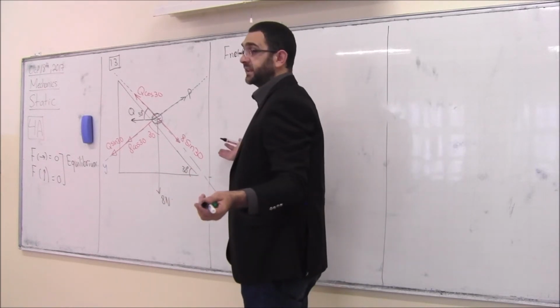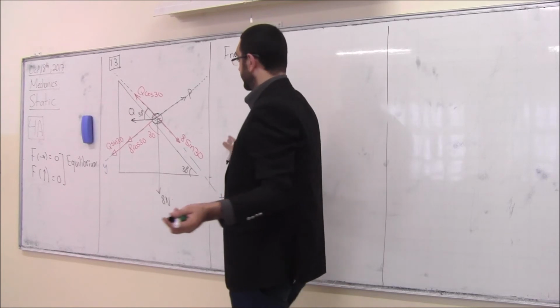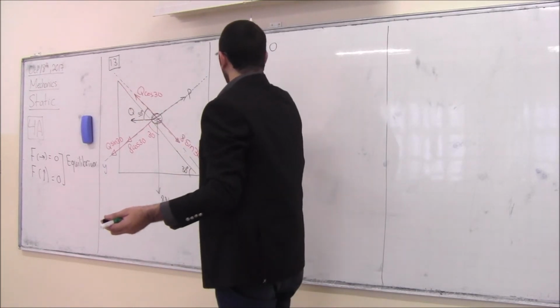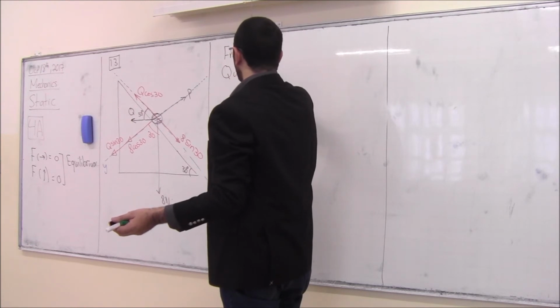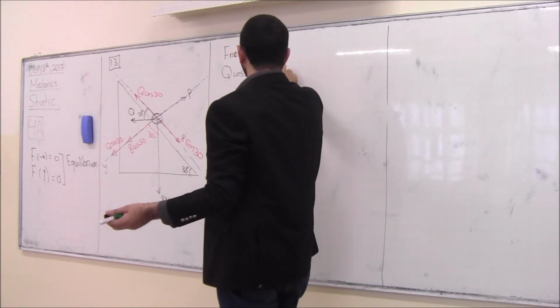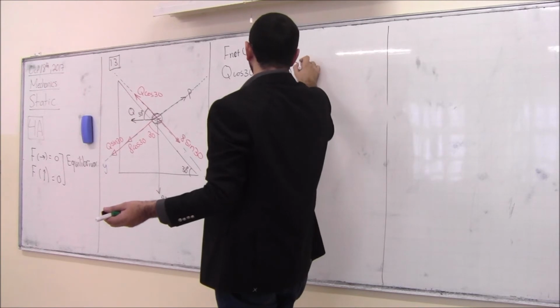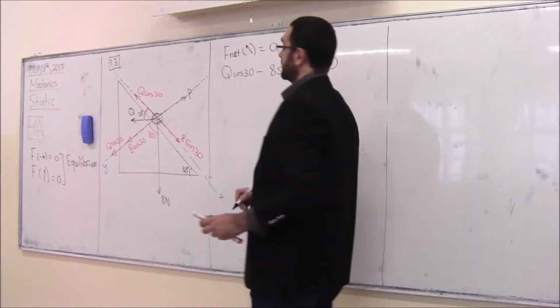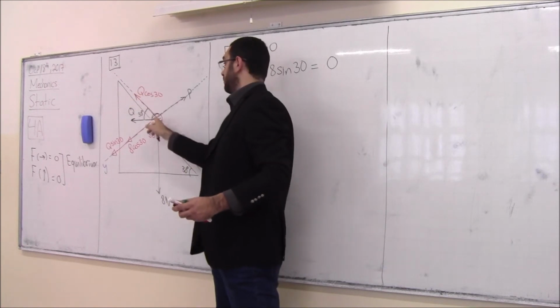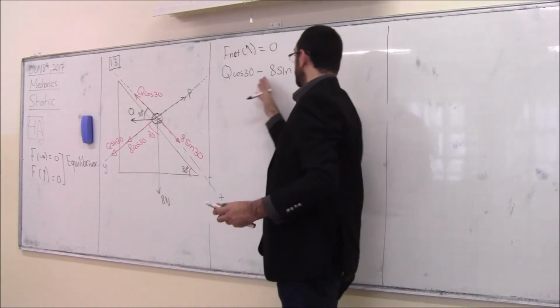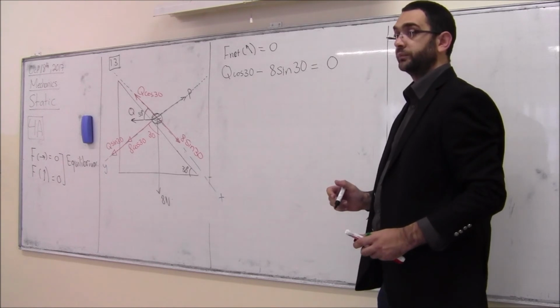Because it's in equilibrium along this axis. What do we have here? Q cosine 30 minus 8 sine 30 equals 0. Fine?